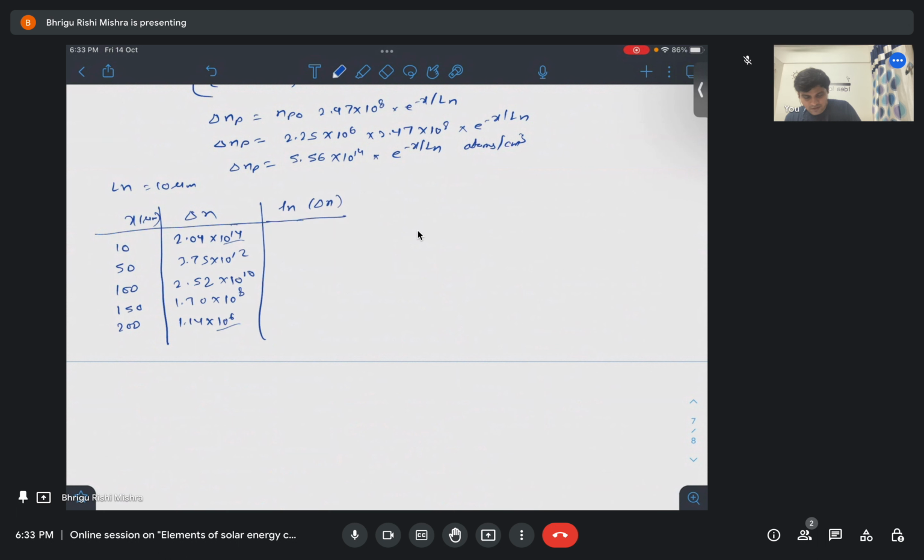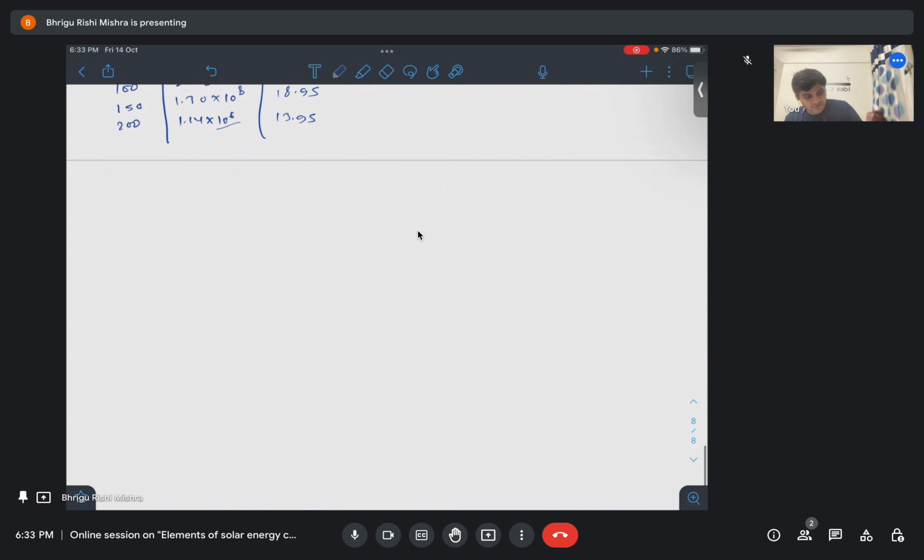I have already calculated it: 32.95, 28.95, 23.95, 18.95, and the last one is 13.95. Okay, so we have the log. So we will plot between ln delta n and x. So let's plot here.